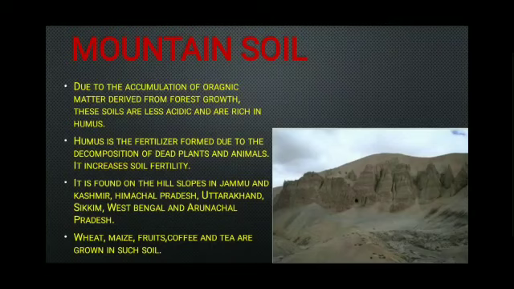It increases soil fertility. It is found on the hill slopes in Jammu and Kashmir, Himachal Pradesh, Uttarakhand, Sikkim, West Bengal, and Arunachal Pradesh. Wheat, maize, fruits, coffee, and tea are grown in such soil.